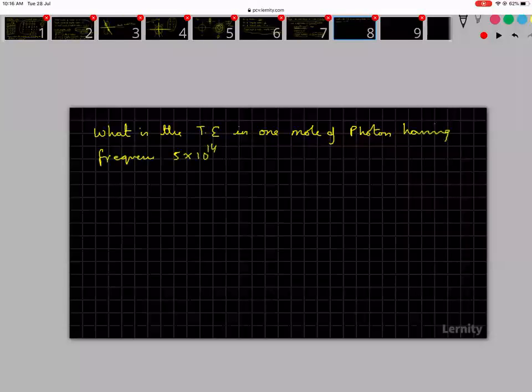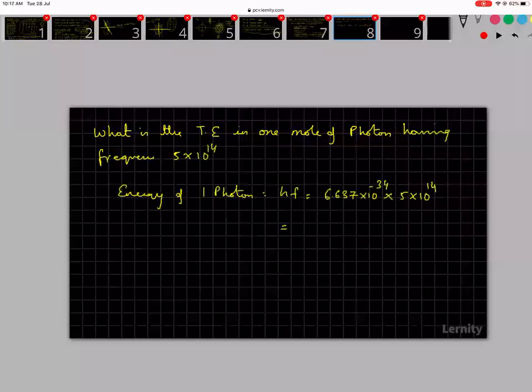First, energy of 1 photon is equal to h into f. So that is 6.637 into 10 power minus 34 into 5 into 10 power 14.